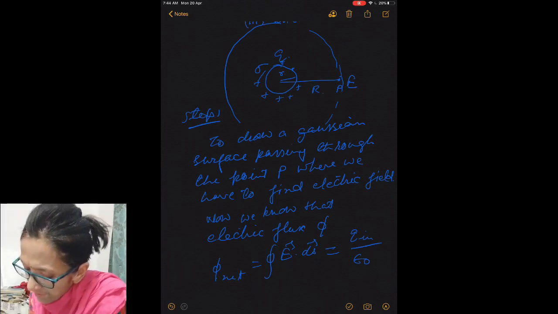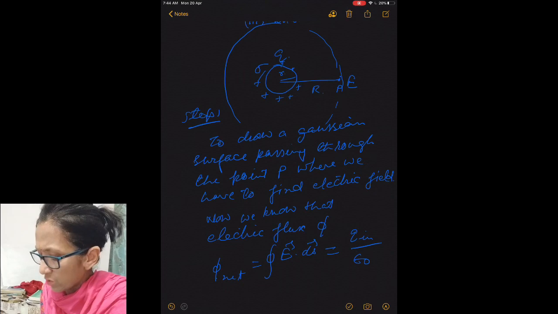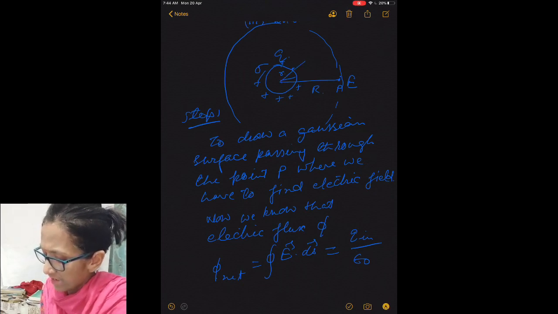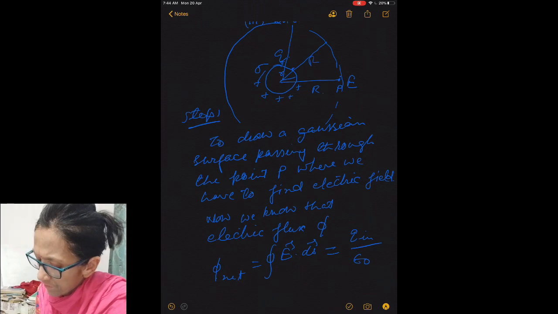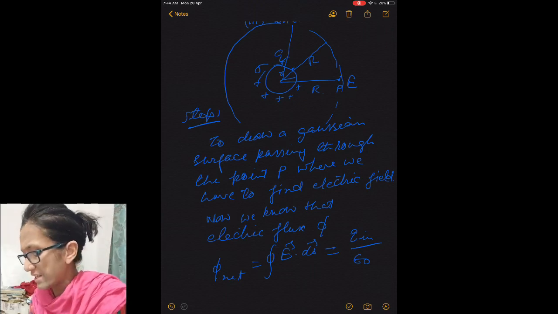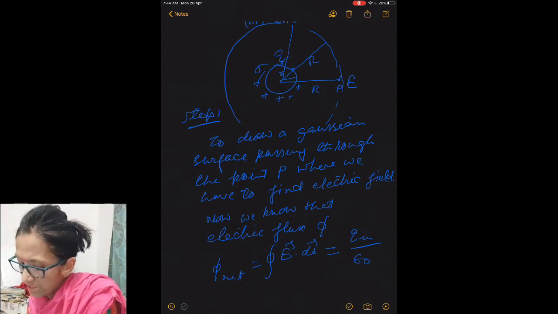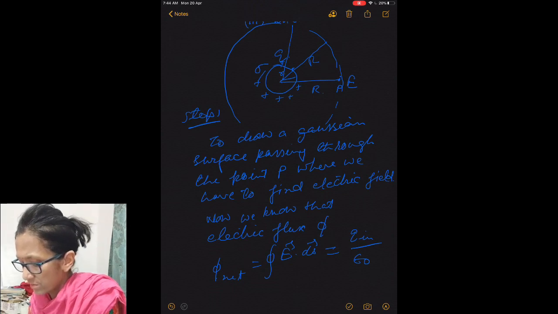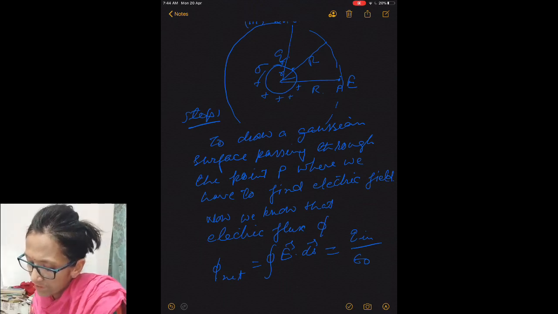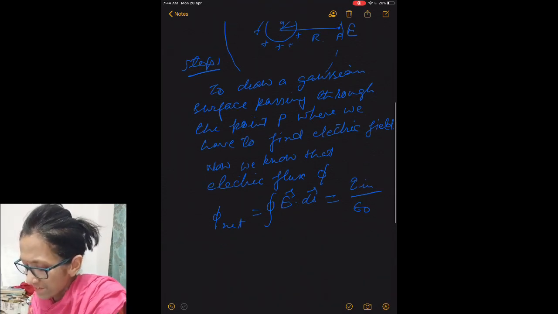Here we have taken a sphere symmetrical to this charged sphere, and the distance everywhere on it is r only, the radius of this Gaussian surface. As it is at the same distance from the center, the electric field, which depends on distance from the charge, being inversely proportional to the square of distance and proportional to charge, must be the same all along.